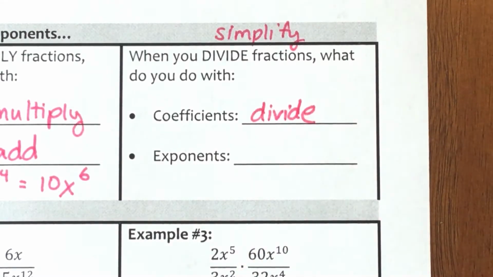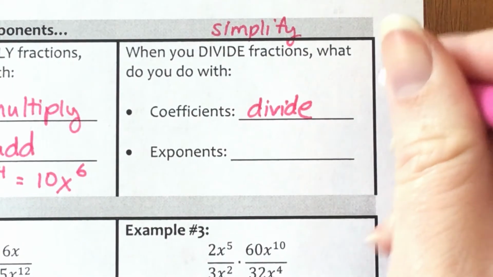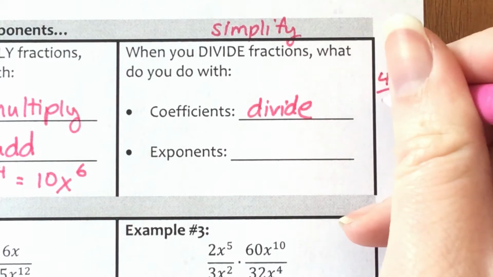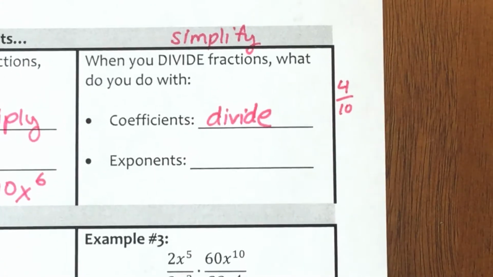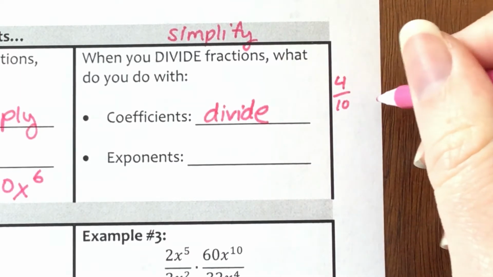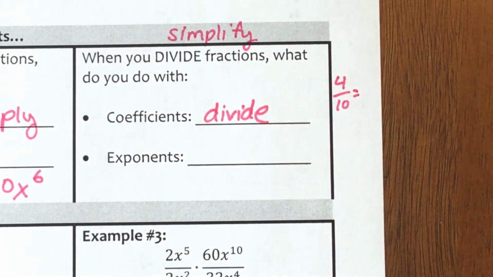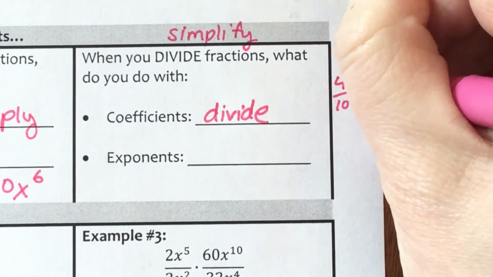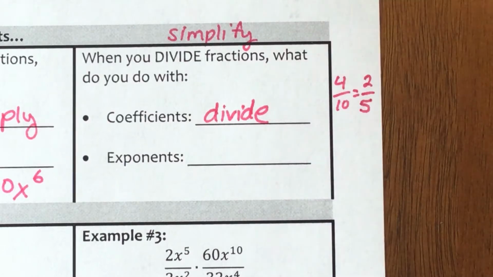So that might mean actually dividing top divided by bottom, or it could mean simplifying your fraction. For example, 4 over 10, if you try and actually divide 4 divided by 10, it's going to give you a decimal. Now, if you do that in your calculator, you're going to hit math, enter, enter, right? 4 divided by 10, math, enter, enter, and it will give you 2 over 5.